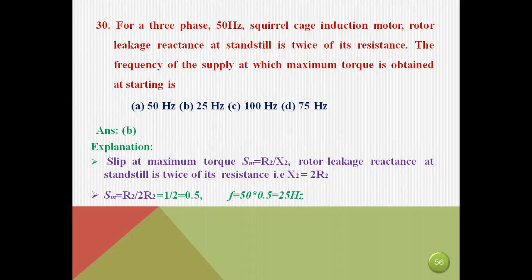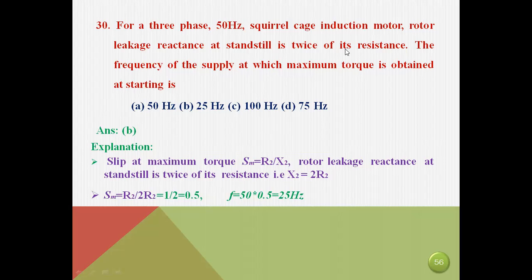Now we will solve this question and then we will conclude our session. For a 3-phase 50 Hertz squirrel cage induction motor, we have the equation for the maximum slip, R2 upon X2. They have given that the leakage reactance at standstill is twice its resistance.